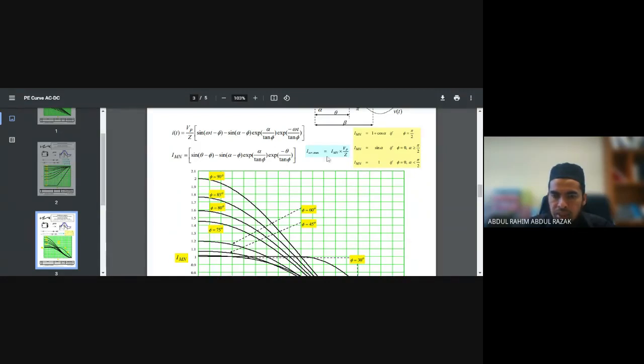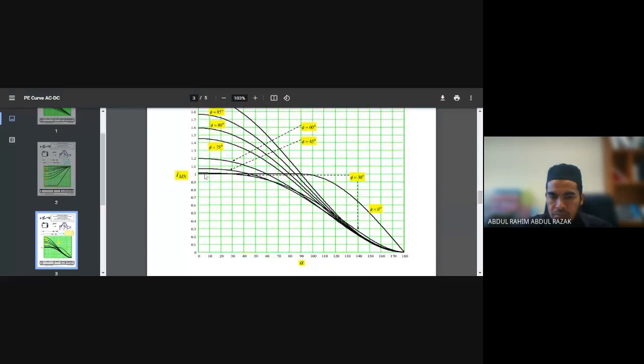So I SCR maximum here equals I max normalized times a constant, V peak divided by impedance Z, times I_m maximum normalized.